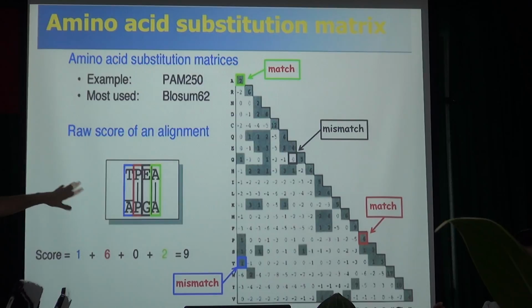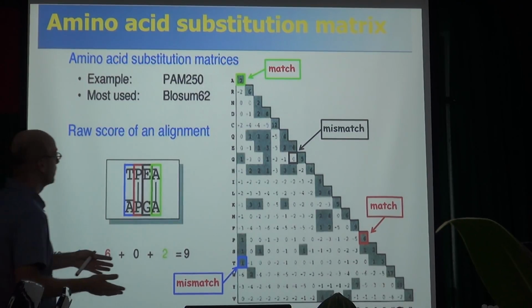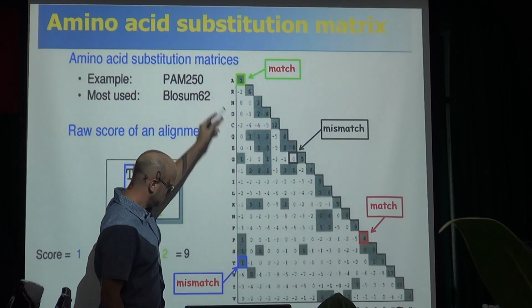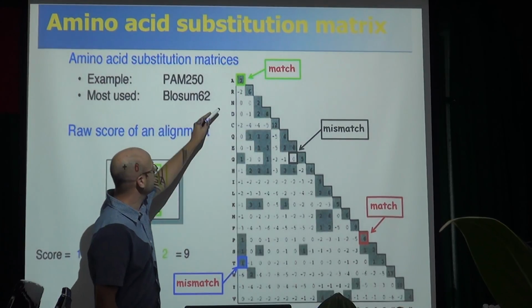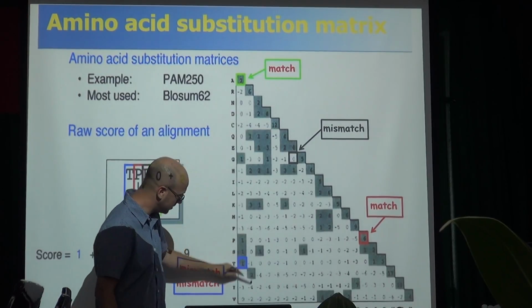What people did was they took a lot of proteins, 50,000 different proteins, and they aligned all of them. And they saw what are the statistics of mutation. How often does A mutate into A? How often does R mutate into A?